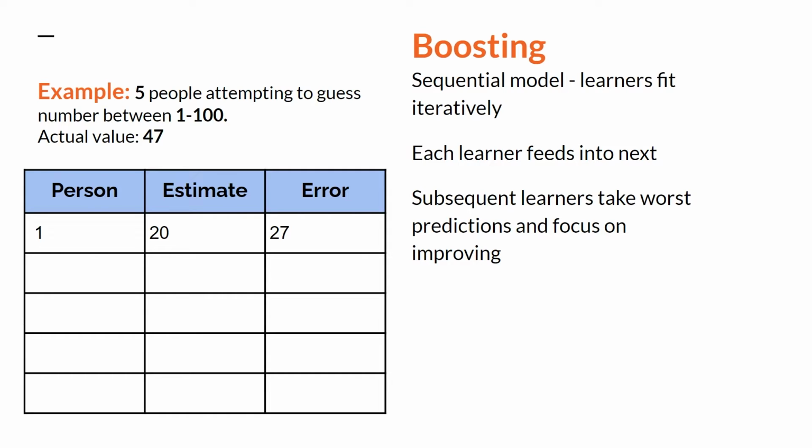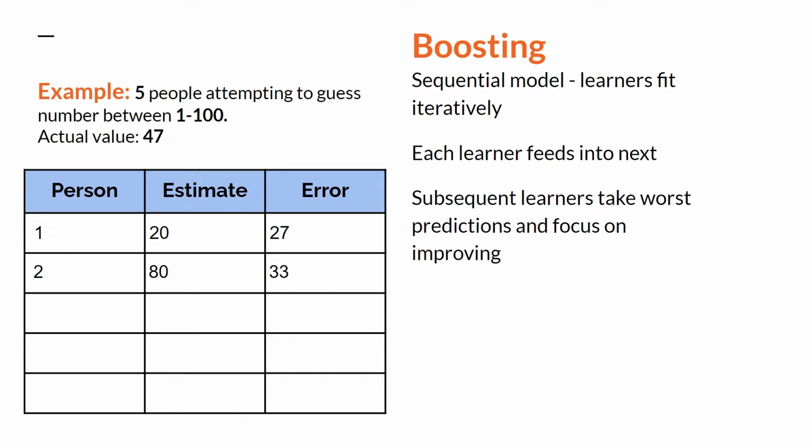You tell this person, oh, I'm sorry, 20 is very low. Okay, so person 2 then knows something. Person 2 knows that 20 is very low, so they guess 80. You say, oh, I'm sorry, 80 is very high.